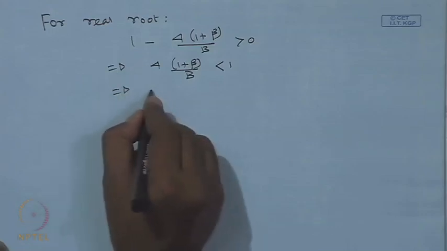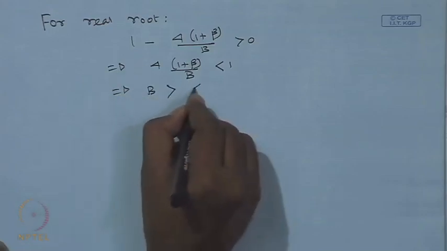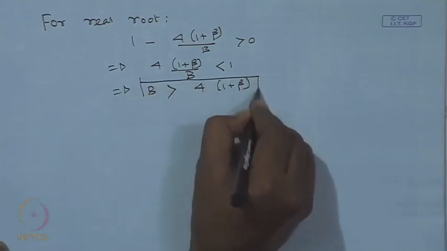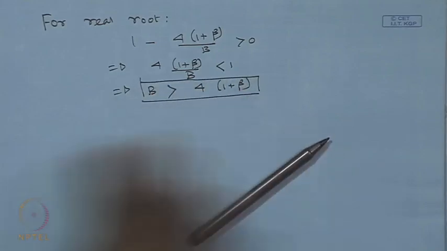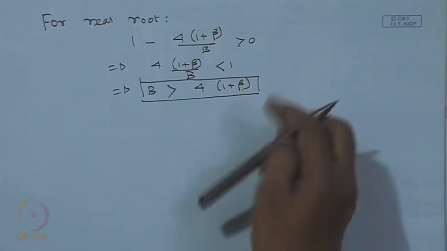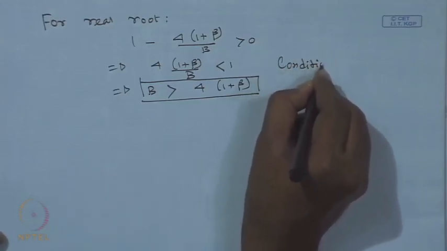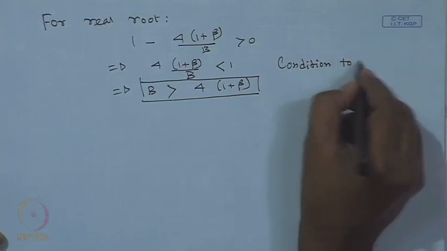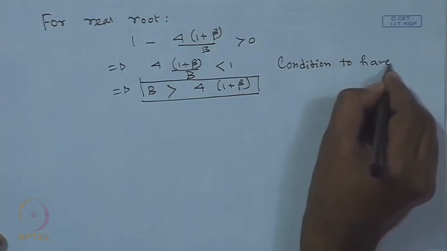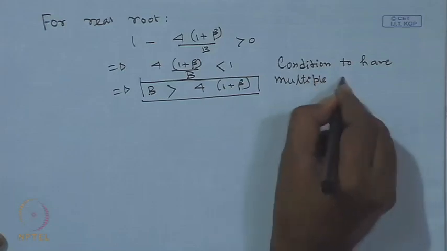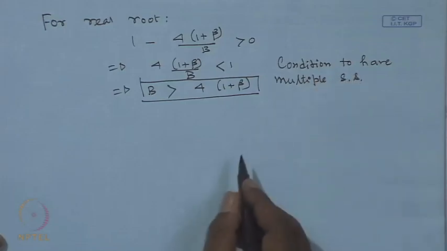So, we will be having b greater than 4 into 1 plus beta. This becomes the condition to have multiple steady state of this problem.